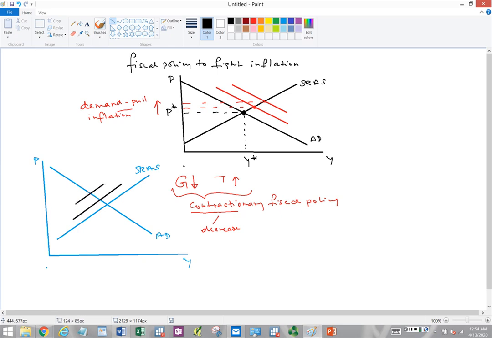Now, wouldn't this also cause the equilibrium price level to go up? So here we have inflation again, but this is inflation caused not by a rapidly increasing aggregate demand, but rather by a decreasing aggregate supply. So this kind of inflation is called cost push inflation.